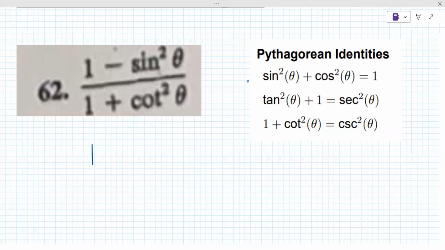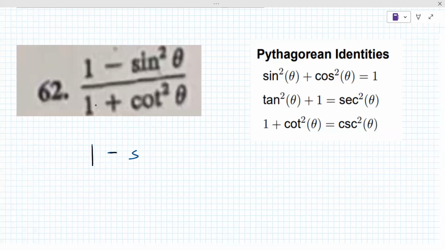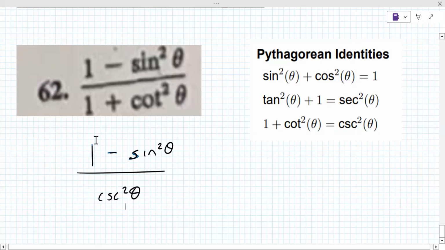Okay, so if we do that, that's all over cosecant squared theta, that's great. A couple of choices from here. You can divide each of them by this, or you can work on 1 minus sine squared theta as a whole, because you have another identity up here.